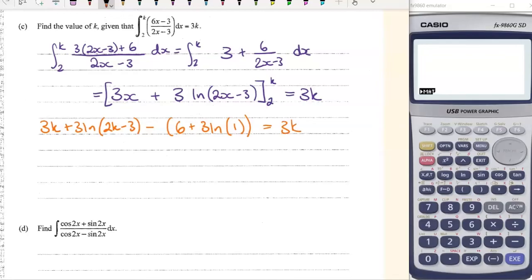So now we need to just rearrange this a little bit, and we're aiming to find the value of k, so we're wanting k equals. That's our aim. So the 3k on either side cancels. We have 3 natural log of (2k minus 3) minus 6 is equal to 0.